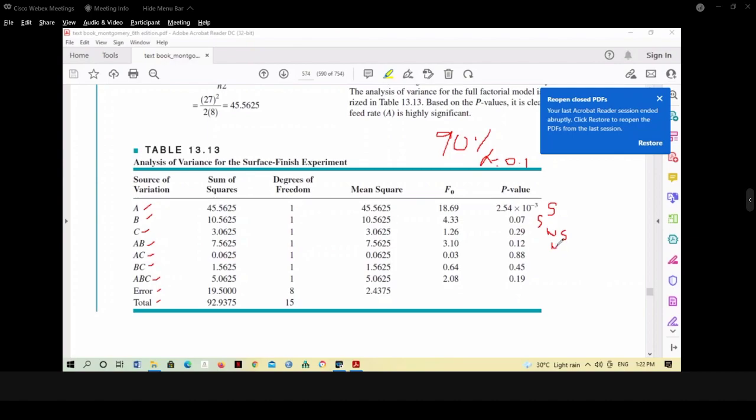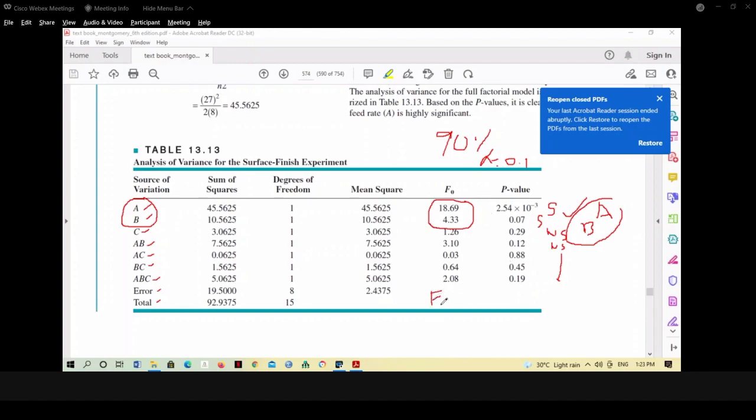That means the significant effects are factor A and factor B only. Here, the main effect of A and the main effect of B are significant. The rest are not significant because of the P-value. You can also use the F table.